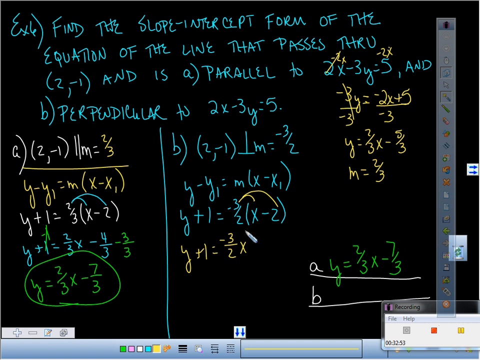Negative 3/2 x plus 6/2, so 3. These two cancel out, guys. So you're just left with a 3. Now what do I do? Minus 1. So y is equal to negative 3/2 x plus what? 2. And that's my second answer.